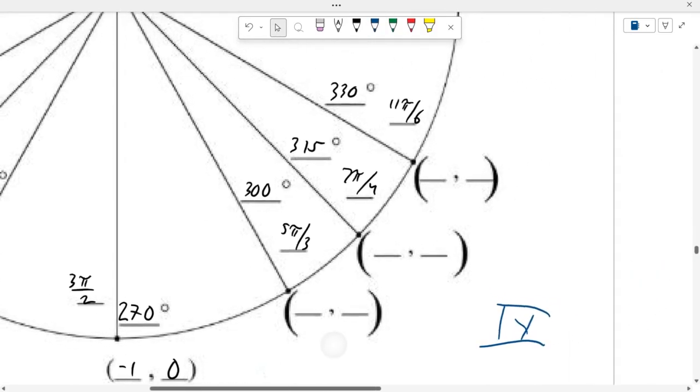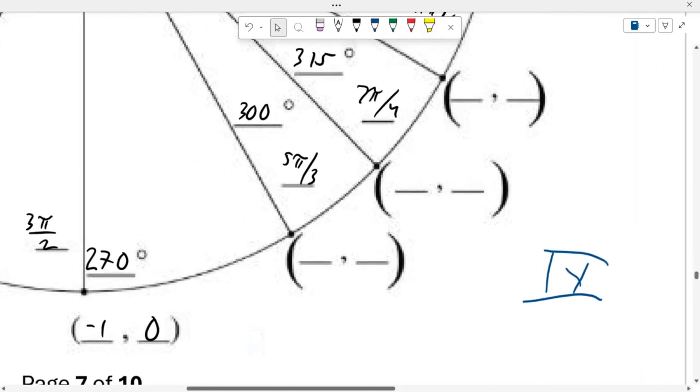In quadrant 4, when you hit 5 pi over 3, that is a skinny, tall triangle. You don't travel very far in the x-coordinate, but you do travel a lot in the y-coordinate. That means your x value is small, your y value is big, and you're going to the right, so your x value is positive, but you're going down, which means your y-coordinate is negative.